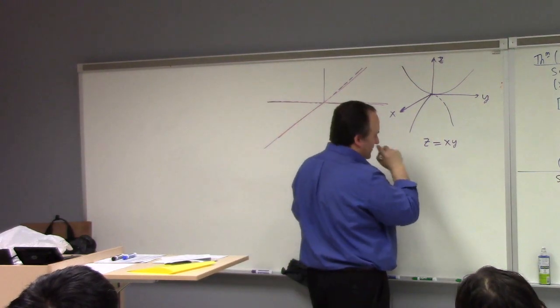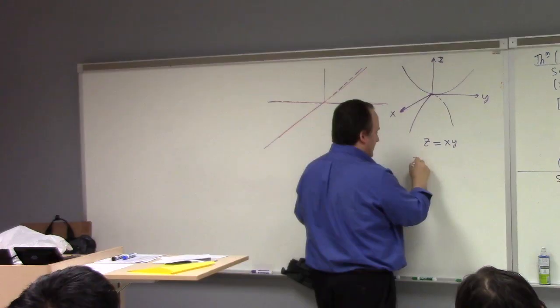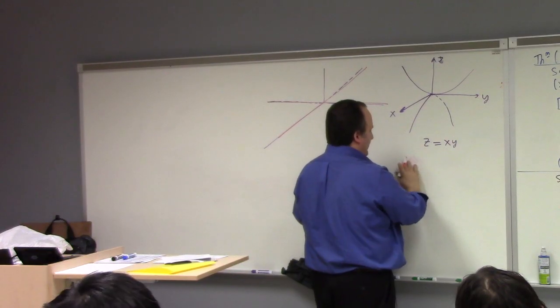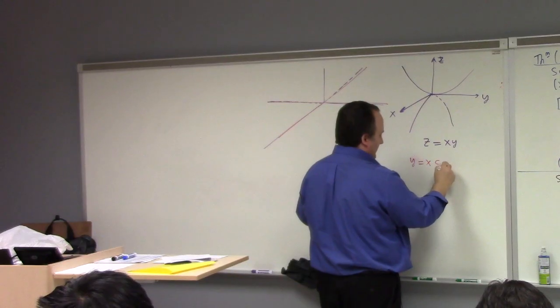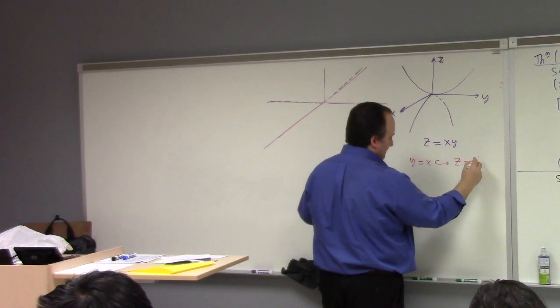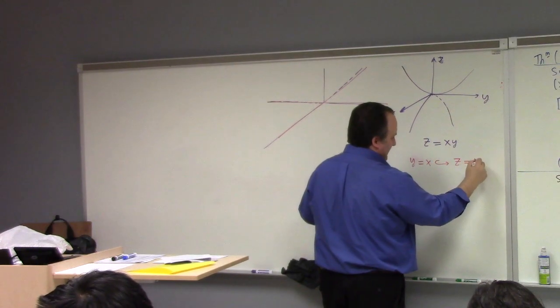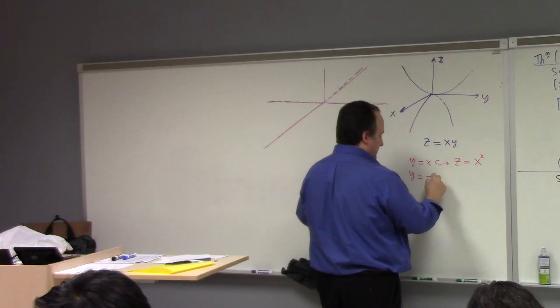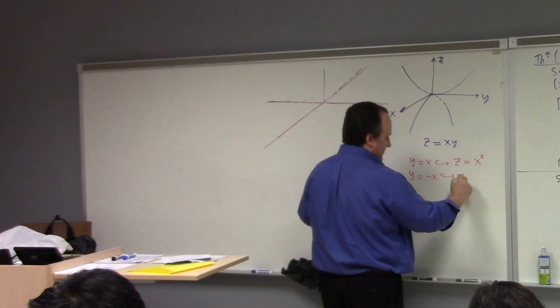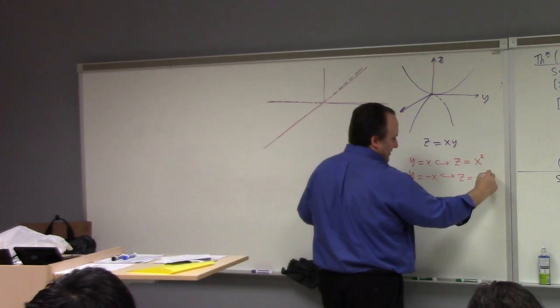All right, so some other things we could think about. Y equals x, then z is equal to x times x, x squared. But y equals minus x gives us z equal to negative x squared.